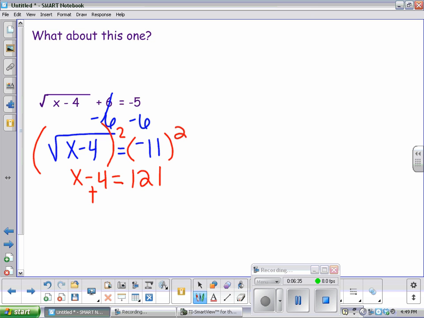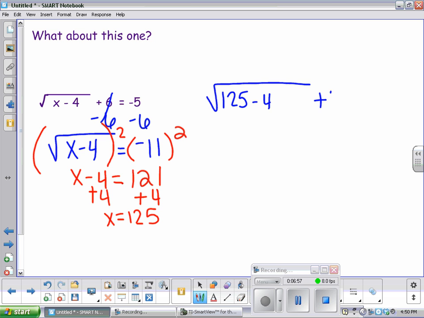Okay, not a big deal. Add 4 to both sides. X is 125. One thing we haven't been doing is plugging in our solutions and making sure they work, and you definitely can do that. If I plug this one back in, then I'm saying 125 minus 4, take the square root of that, add 6, and it should equal negative 5.